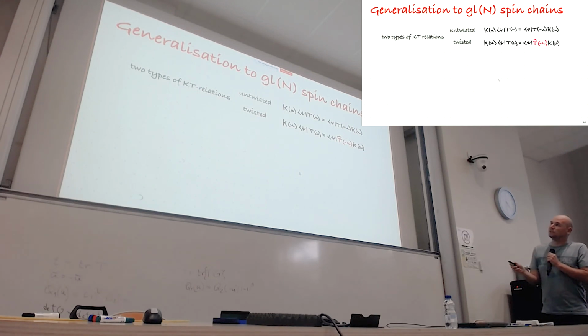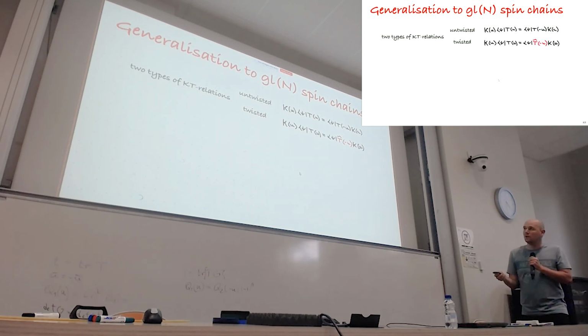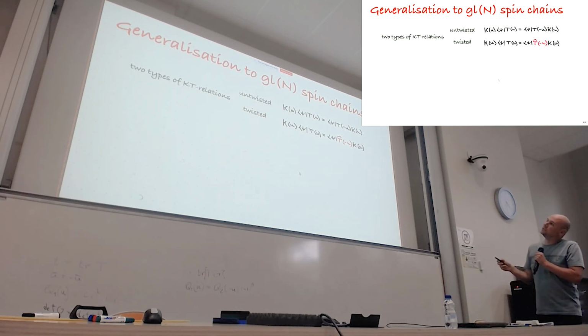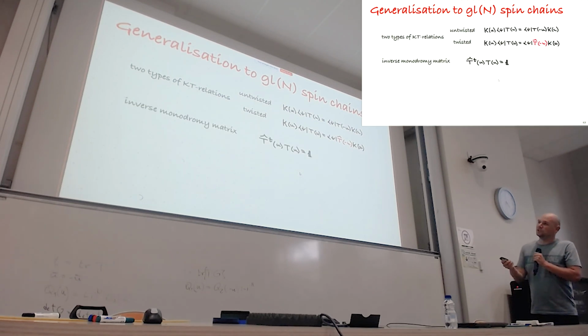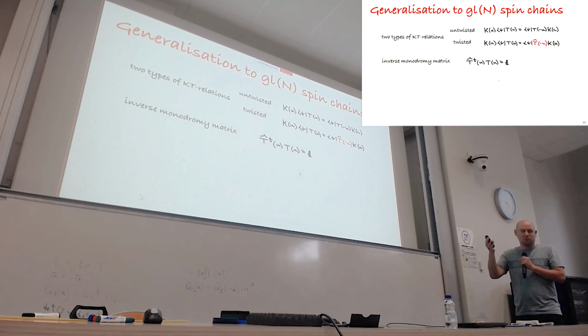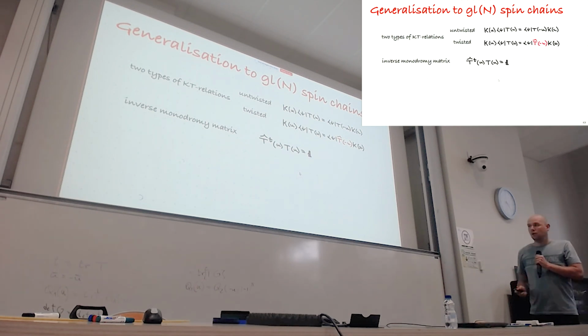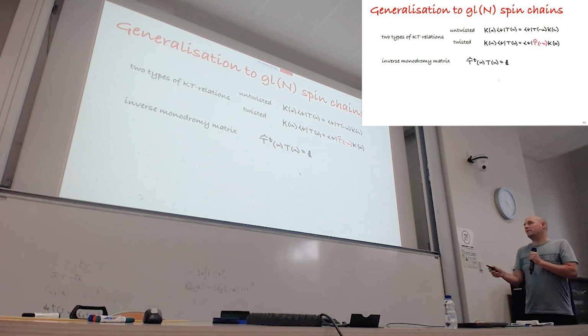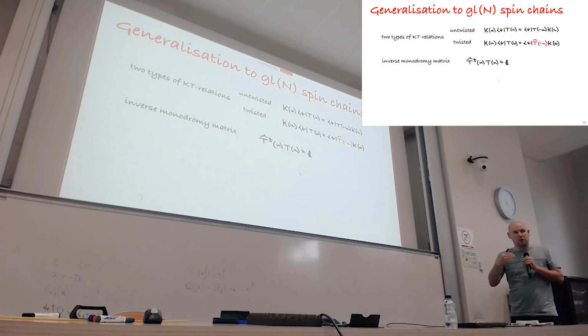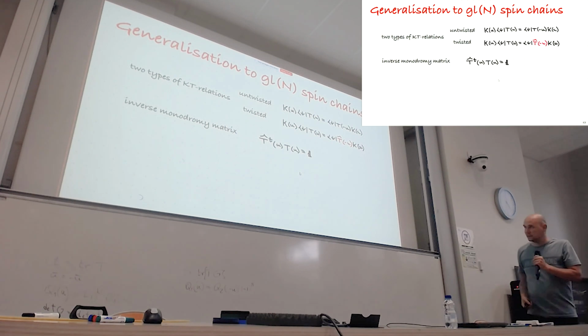So this untwisted equation is the same as before, but now we can also introduce another monodromy matrix, T hat, which is just the inverse and transpose of the original one. We can think of this T hat as the charge conjugated monodromy matrix.